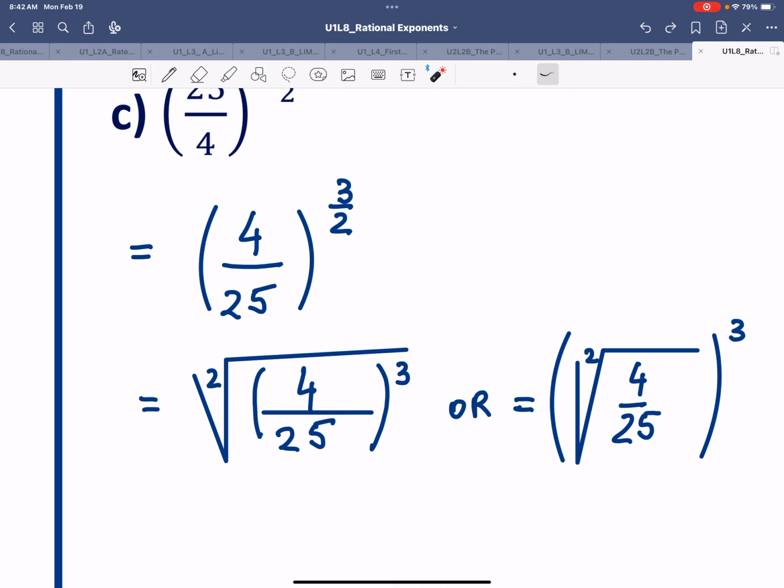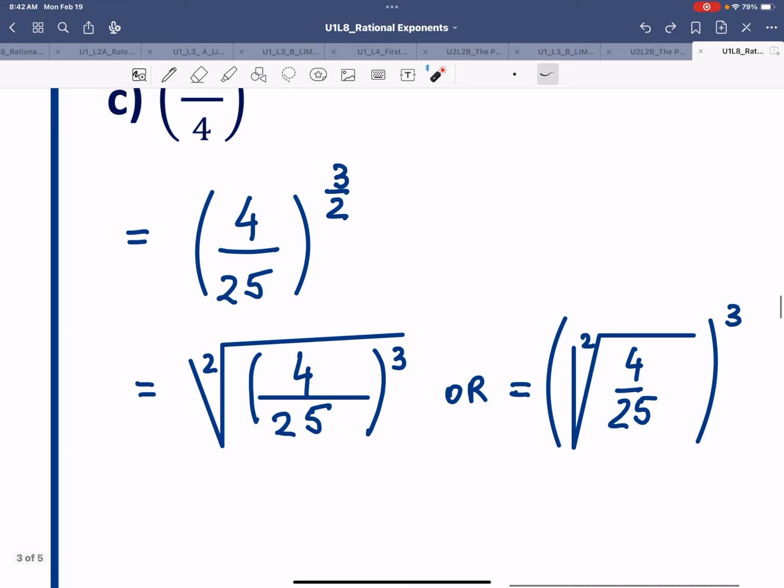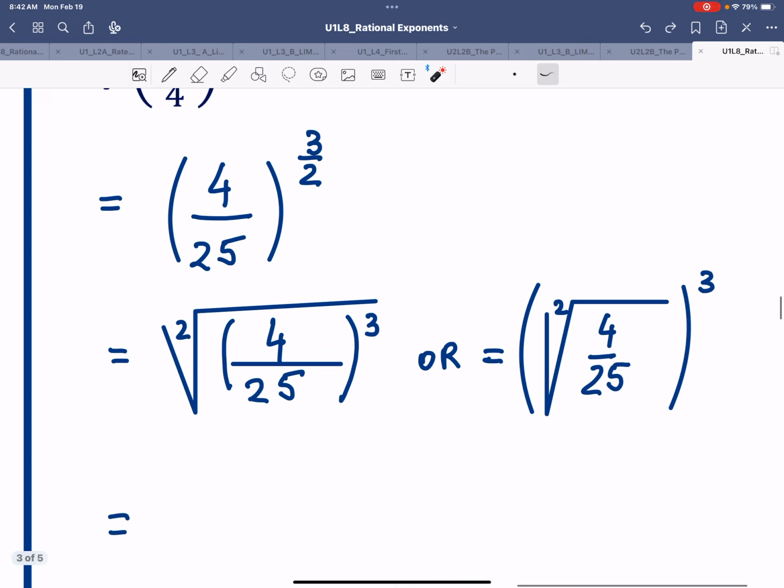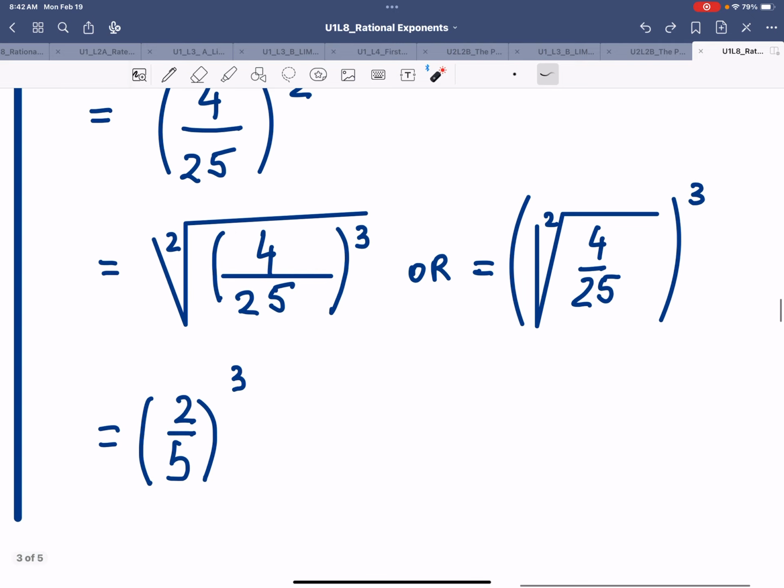So it's the same as saying 1 over 2 times 3 or 3 times 1 over 2 when it comes to radical numbers. So next, we will rewrite this as the square root of 4 over 25, to the power of 3, because it's easier to evaluate it with a simplified base.